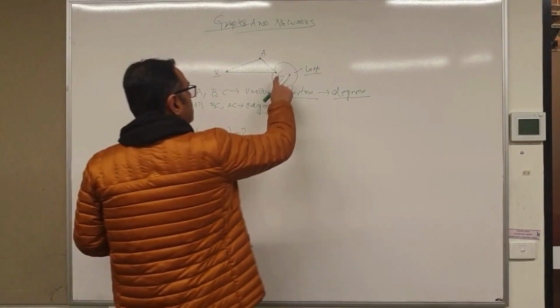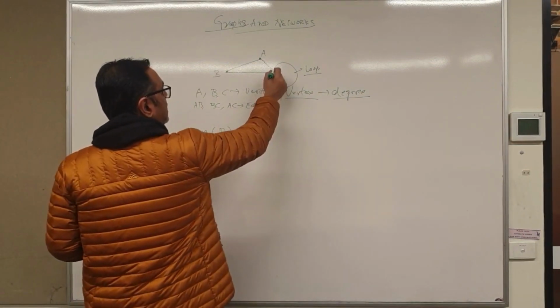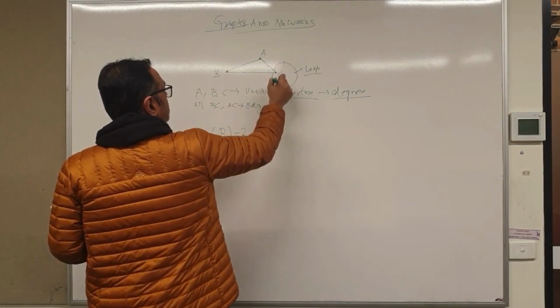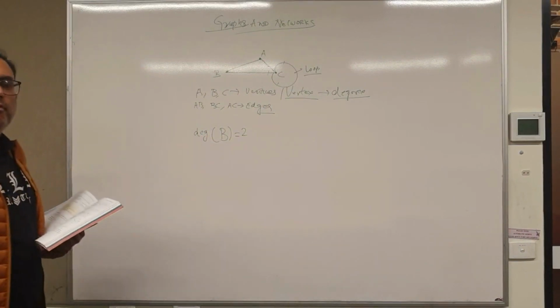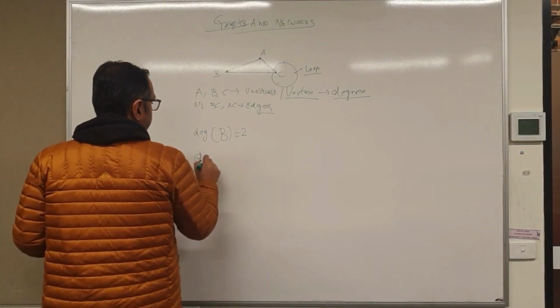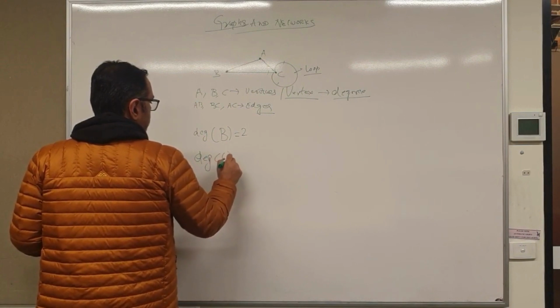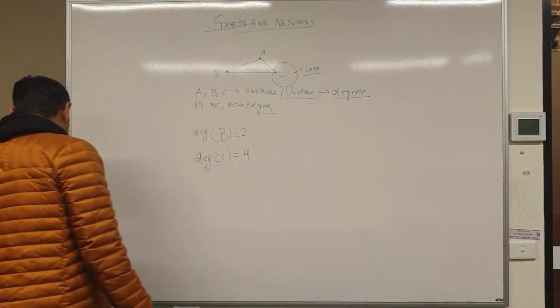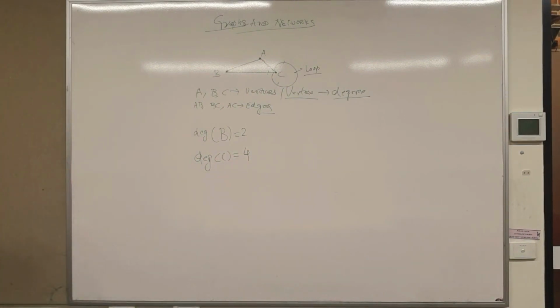So here, the degree of C is 4. 1, 2, 3 and 4. So your degree of C is 4.